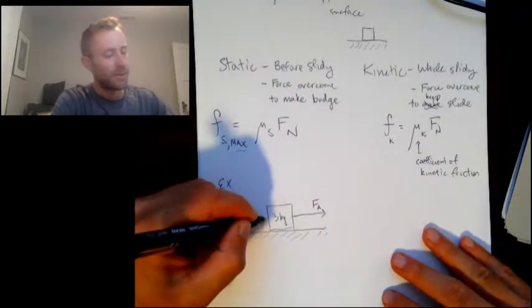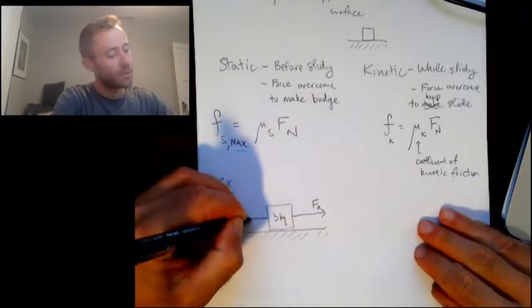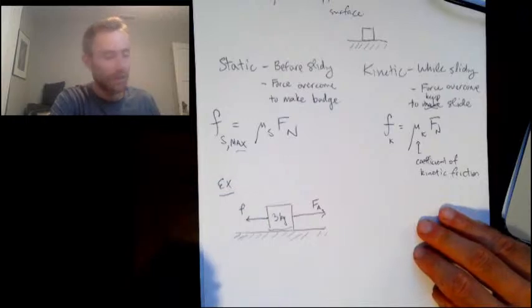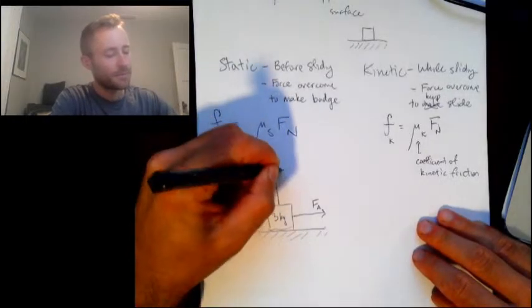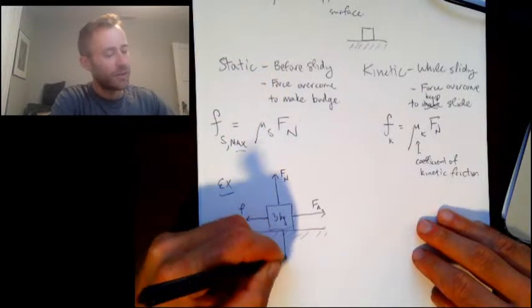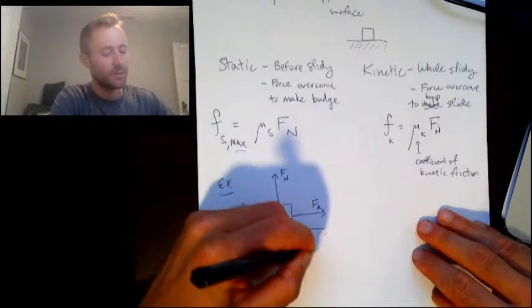Okay, and if there's an applied force pulling it to the right, friction is going to point to the left. It also has a normal force going up and it has a weight force going down. The weight force is going to be 30 newtons.